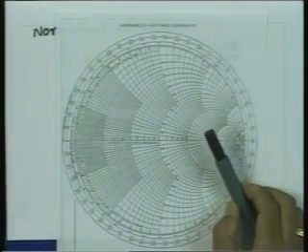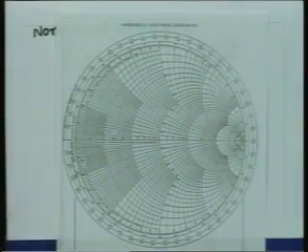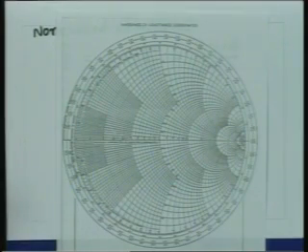So, any normalized value of r which is equal to the same normalized value of g will represent the same circle. So, as long as we are dealing with the normalized quantities, the impedance and admittance can be treated exactly the same way on the Smith chart.